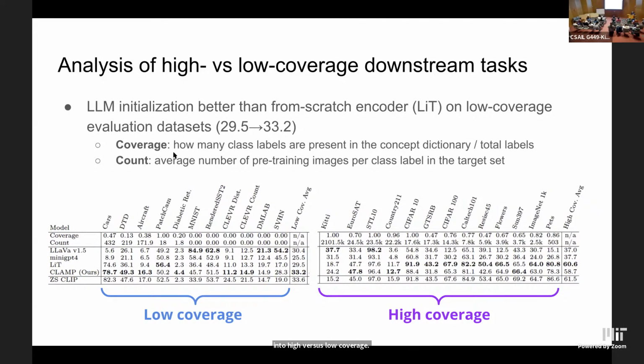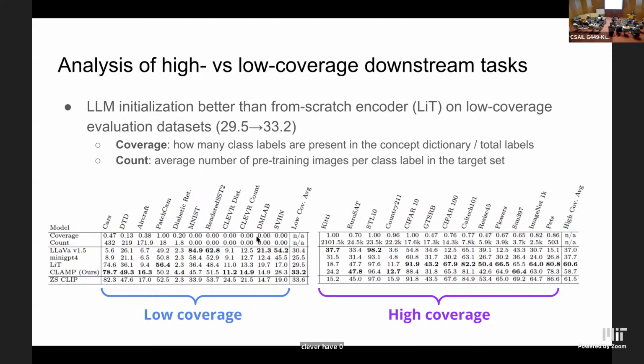By coverage, I mean how many class labels in the downstream dataset are present in the concept dictionary of our training data, so in the image-caption pairs, ImageNet and Conceptual Captions. For example, 47% coverage in Cars means that 47% of the labels in the Cars dataset were seen during training. Whereas other datasets, like SVHN and CLEVR, have 0 coverage, meaning that none of those labels were seen in training.